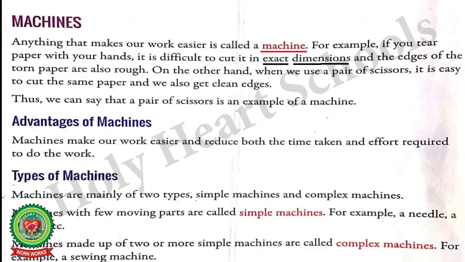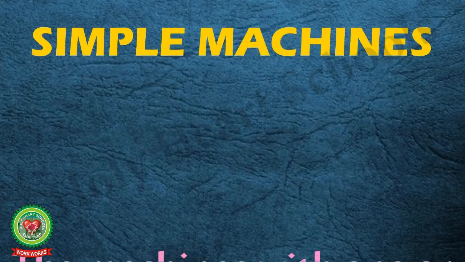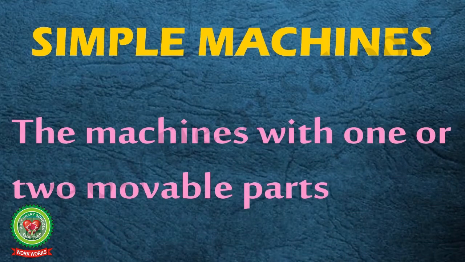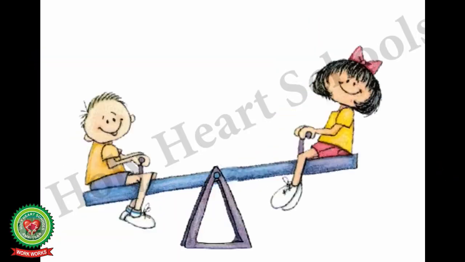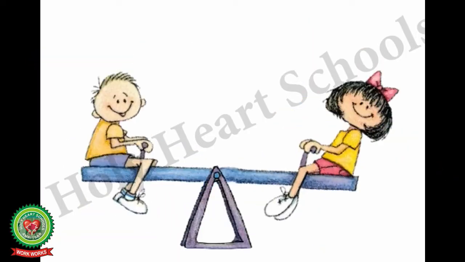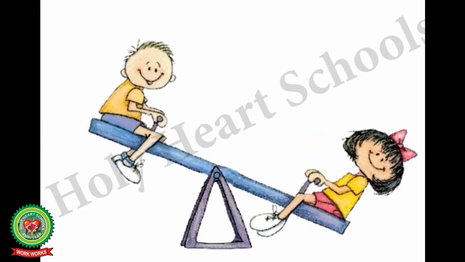So next topic is types of machines. Machines are of two types: simple machines and complex machines. Students, simple machines are the machines with one or two movable parts. For example, needle, screw, house ramp, hammer, knife, seesaw, etc. are simple machines.